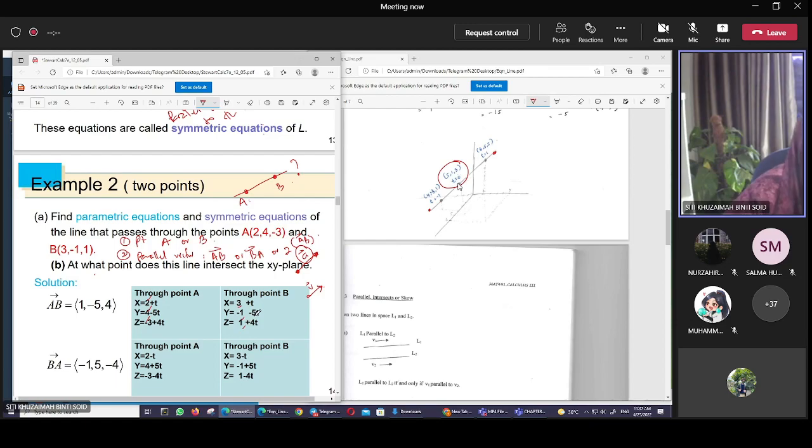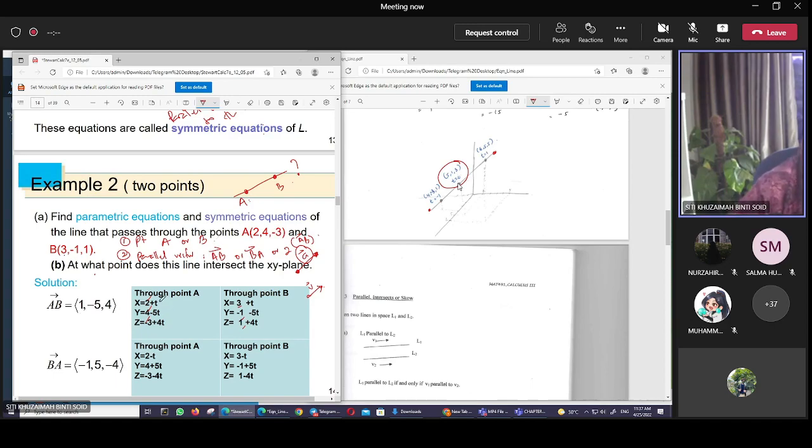Plus, plus, plus, T, T, T. Okay. And then parallel vector now is obtained through finding AB. Kan AB. So kita buat ni. So AB kita akan dapat apa? Terminal minus initial. So we get 1, negative 5, 4.